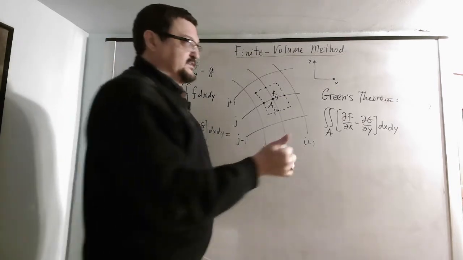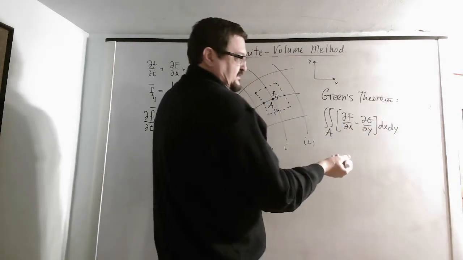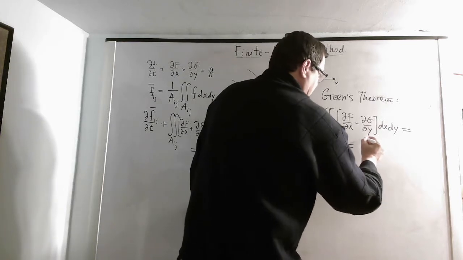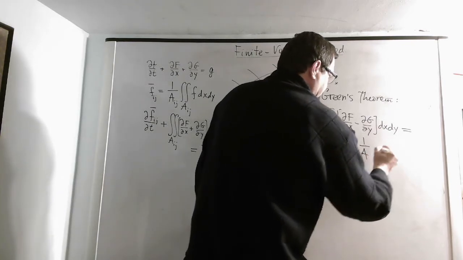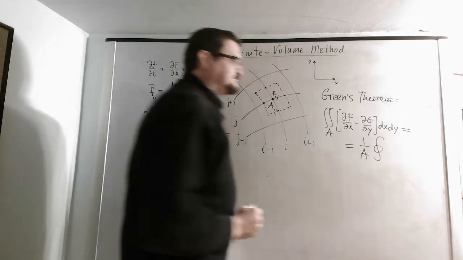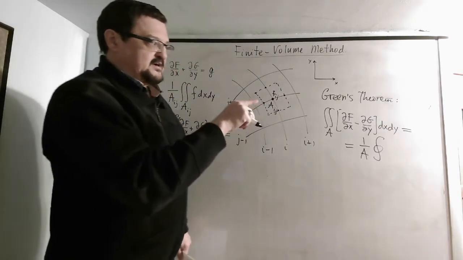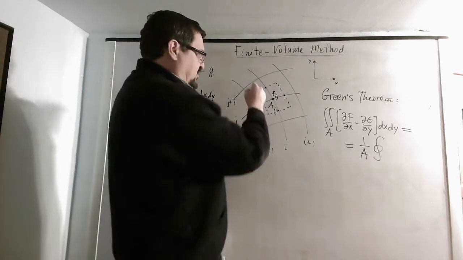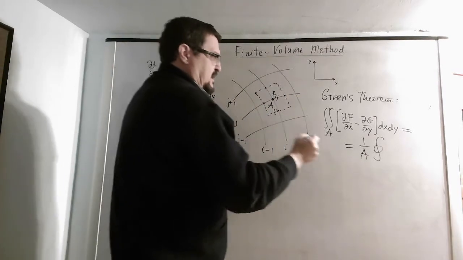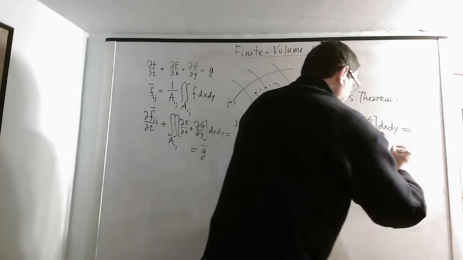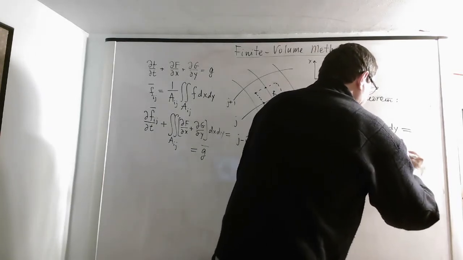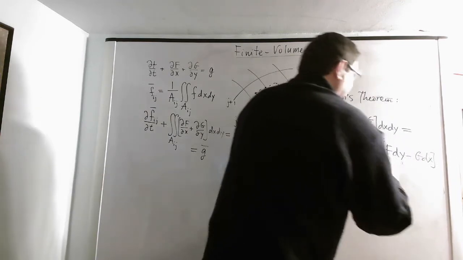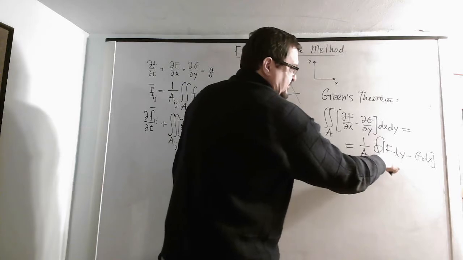In Green's theorem, it's stated like this, and it equals 1 over area, the integral over this contour, over all this boundary, of f dy minus g dx. You see here f was with x, but now it becomes with y.